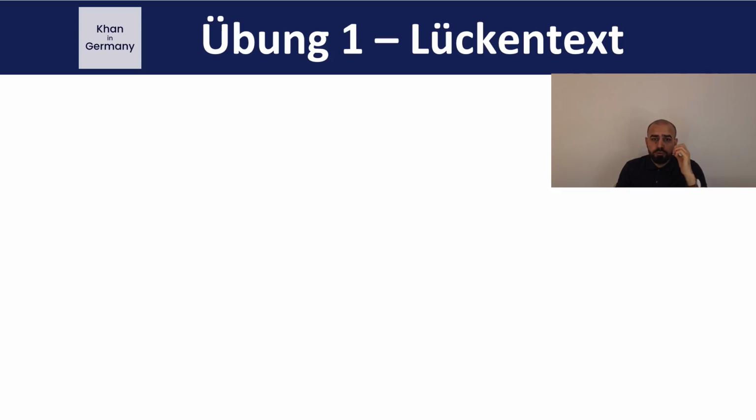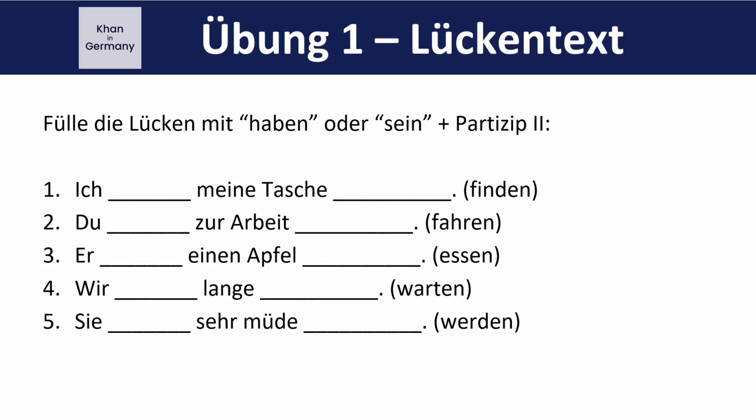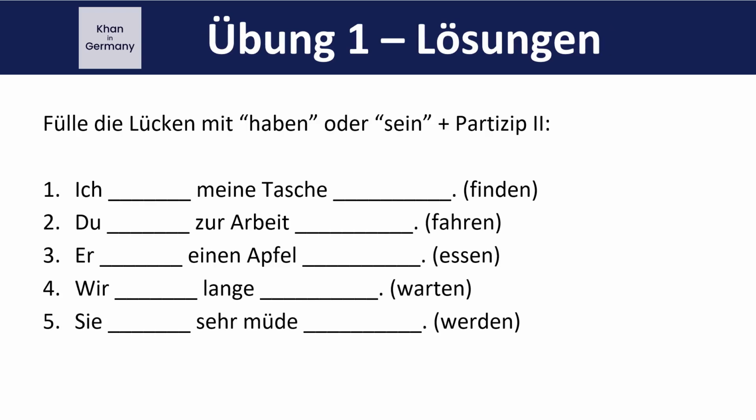This is important for you to really understand the context that we discuss in this video. So the first sentence: I see ich, then meine Tasche, and then I see the verb finden. And now you have, let's say, 10 seconds, and you can fill it in. In the meantime, when these 10 seconds have passed, I can then show you the result. Or I can fill it in for you.